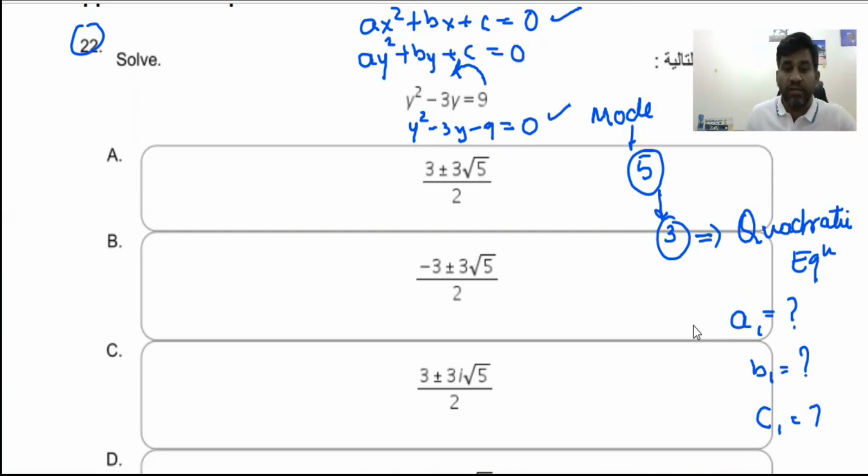So now compare this one with what they have given us. What is the number along with y²?